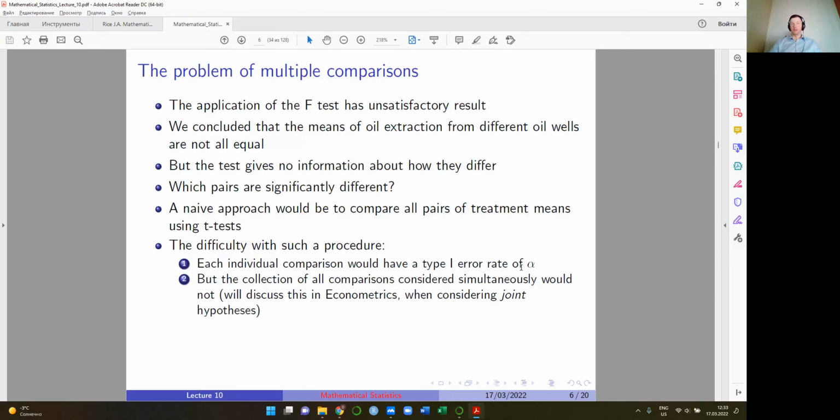But one thing you must remember: once you have several samples and several estimates based on these samples, and if you want to test hypotheses about some parameters of these samples, and if these hypotheses are related to each other, then you cannot use these simple tests.